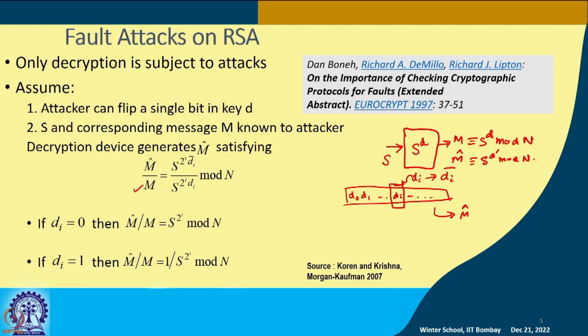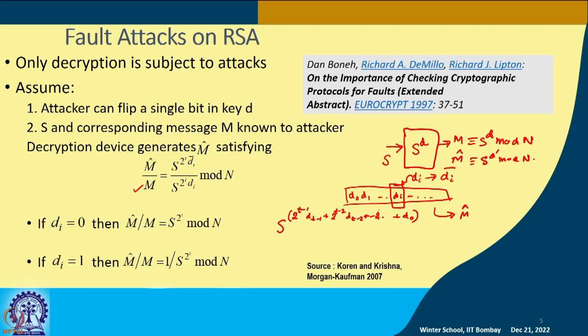So what I mean is that if you do s power of d, then this is nothing but, say, 2 to the power of t minus 1 dt minus 1 plus 2 to the power of t minus 2 dt minus 2 plus so on till d0, assuming a t bit length.